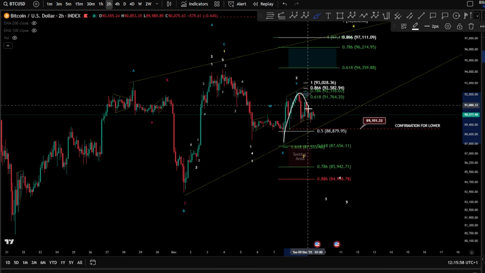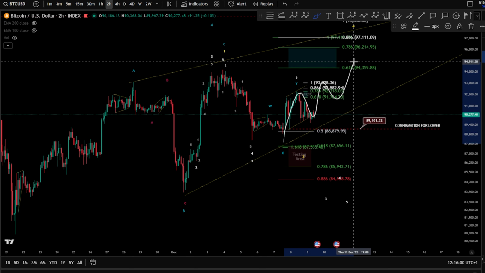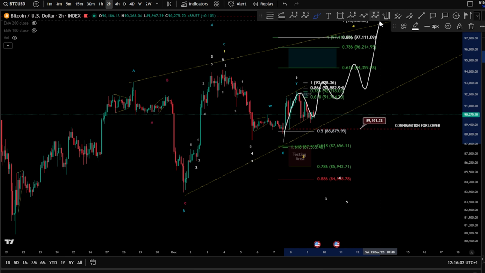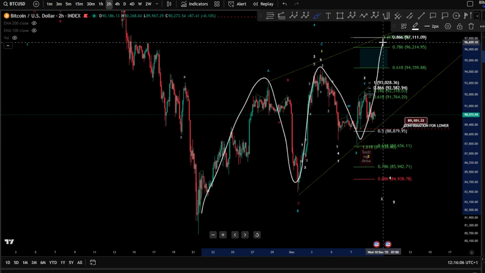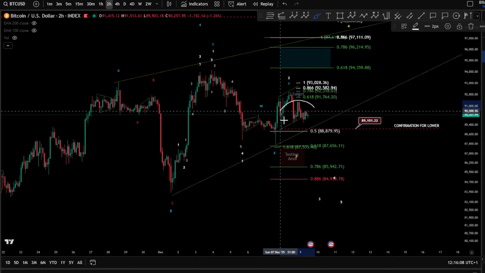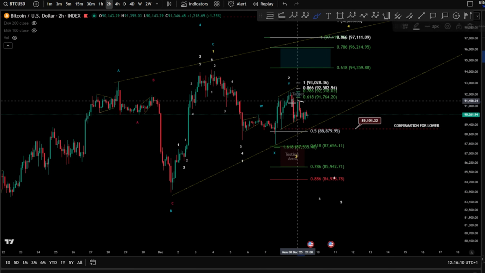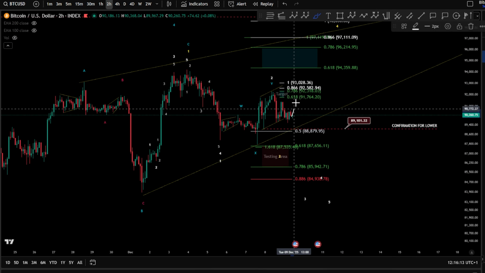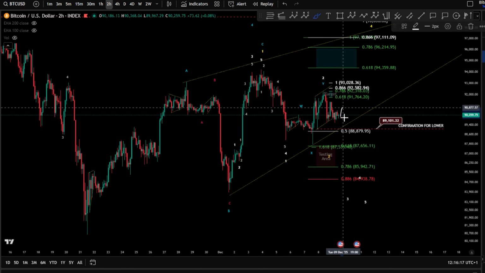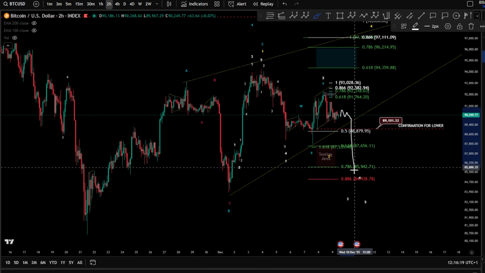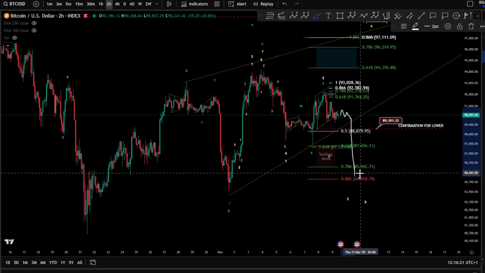You're looking for something as a leading diagonal 1-2-3-4-5 to continue toward the upside, in a potential diagonal 1-2-3-4 and a 5. However, this range here is too long. So we need something to push for higher already, because if it takes too much time there, we might continue the drop for lower.